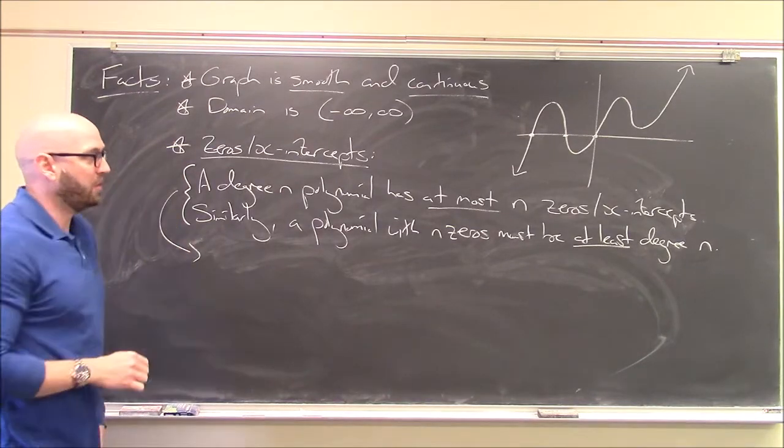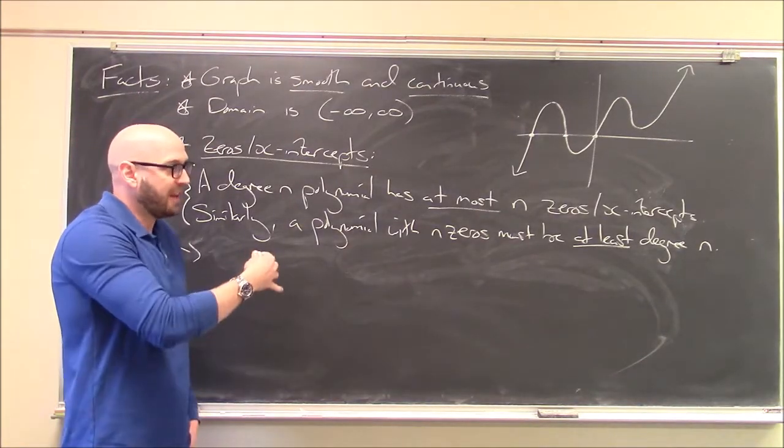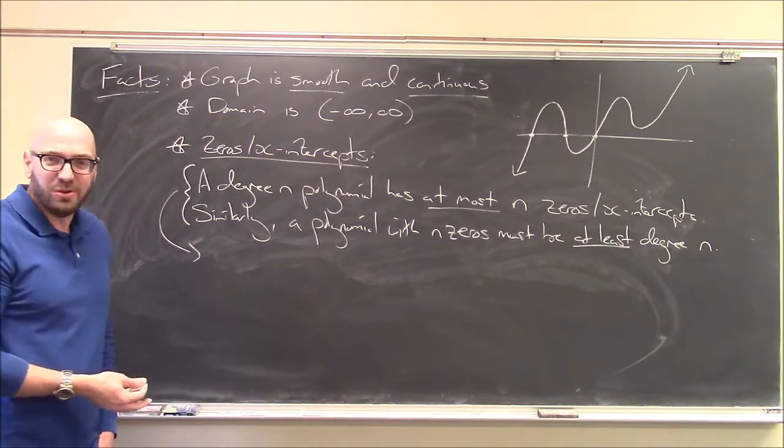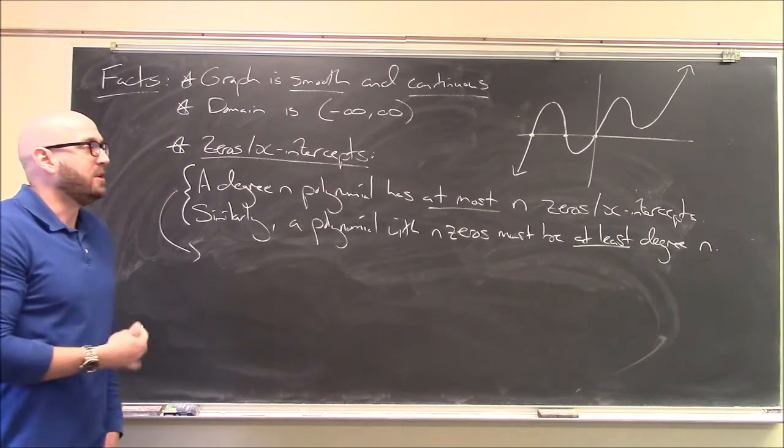Where is this coming from? Well, how do you find zeros of a polynomial? You set the function equal to 0. You ask which values of x make it equal to 0. How would you do that? Well, then you'd have to factor your polynomial.